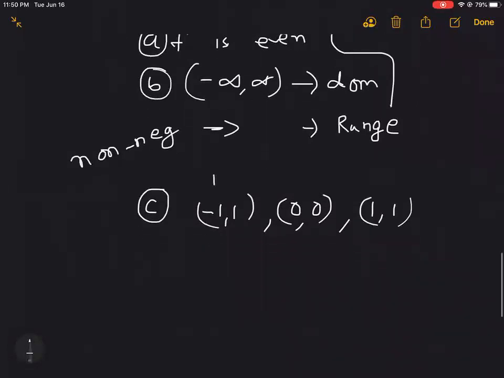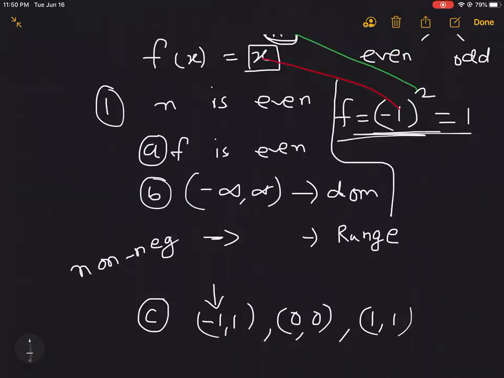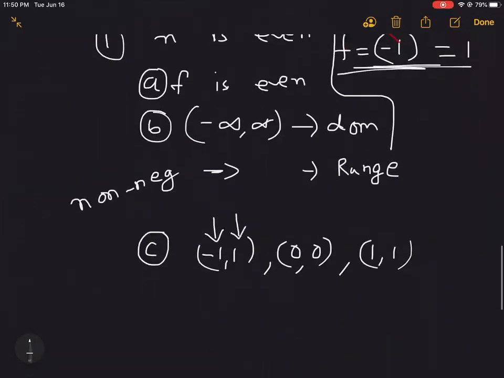Even if you take a negative value, as n is an even positive number, it will always return a positive value. If you plug in 0 in place of x, whatever your n is, it will always give you 0. Same goes for a positive 1 as well.